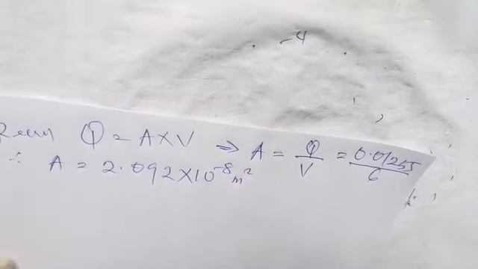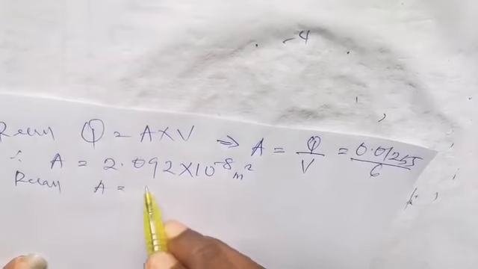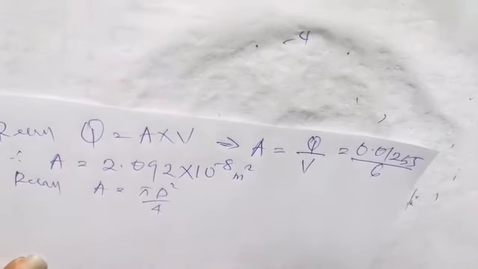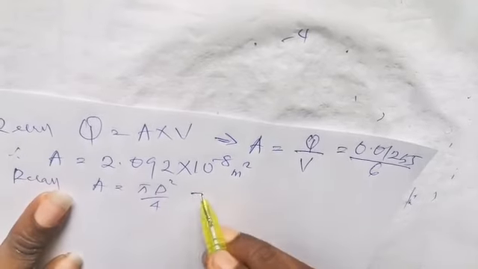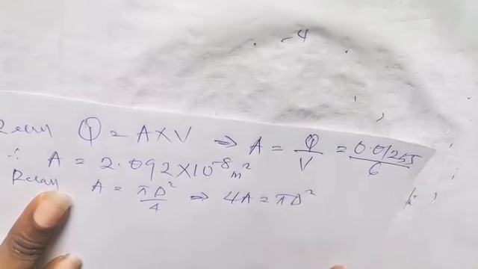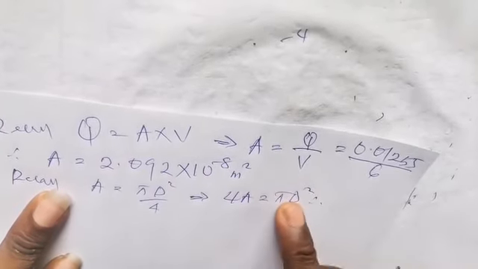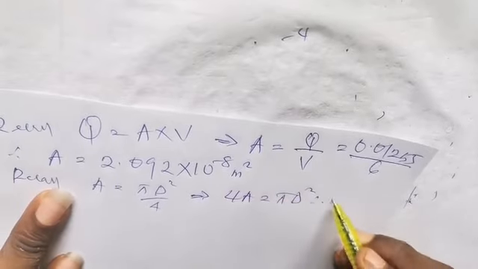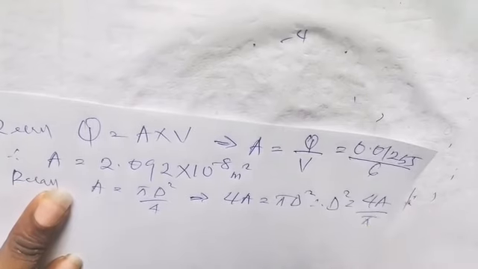Now, if this is our area, recall that area is pi diameter squared all over 4. If I cross multiply here, 4 multiplies A, that will give me that 4A is equal to pi diameter squared. And therefore, I can make diameter squared the subject by dividing through by pi. I have that D squared is equal to 4A all over pi.